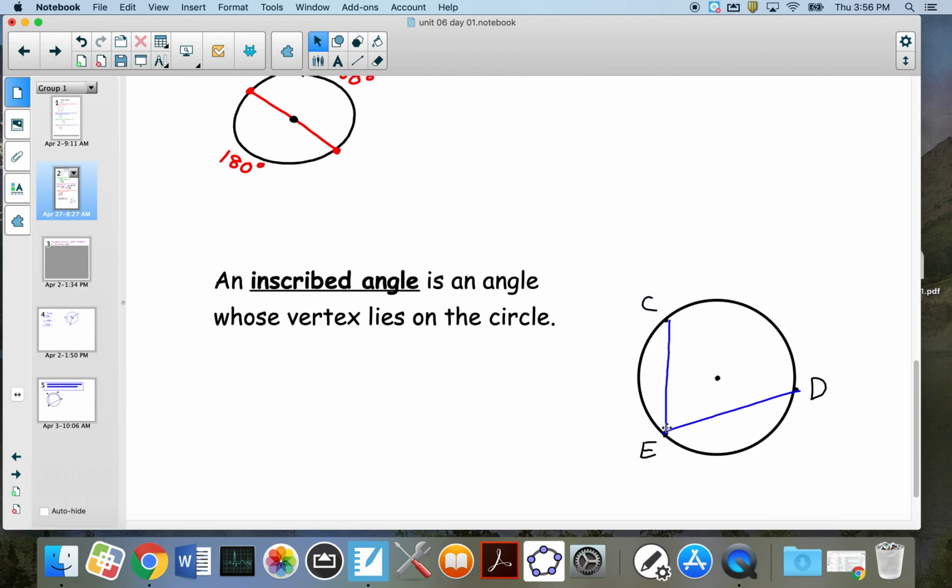That's an angle whose vertex is on the circle. In this case, point E is on the circle. So angle CED, or DEC, is called an inscribed angle. At this point, it's a good time to break and look at a GeoGebra example to see if we can find some relationships between these arcs and angles.